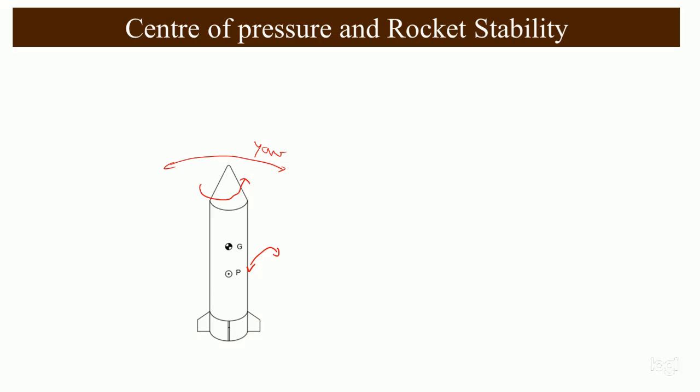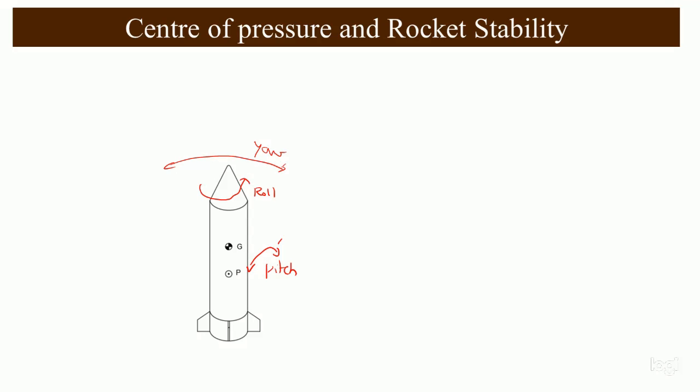So there is roll, yaw and pitch. Now this pitch and yaw is actually the same for this circular cross section rocket. So this is what we have to arrest. Now if we have to arrest these two things, how do we go further, we will see.